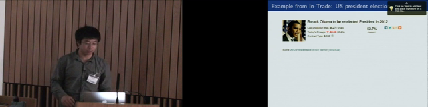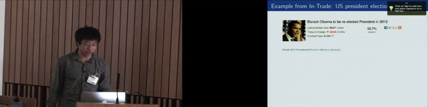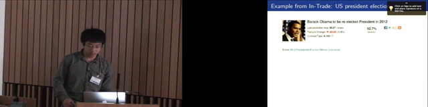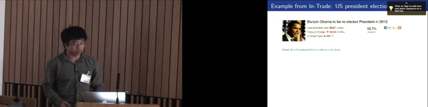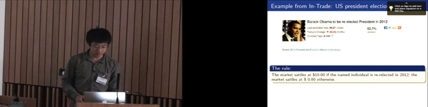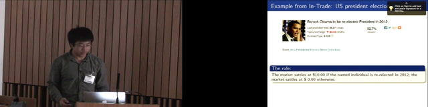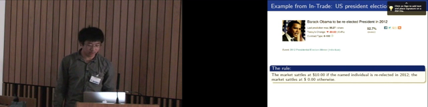I just took a screenshot from InTrade, which is a large website for betting prediction markets. The topic of this market is Barack Obama to be re-elected president in 2012. And the rule of this market, it says on the website, is that the market settles at $10 if the named individual is re-elected in 2012 and $0 otherwise.